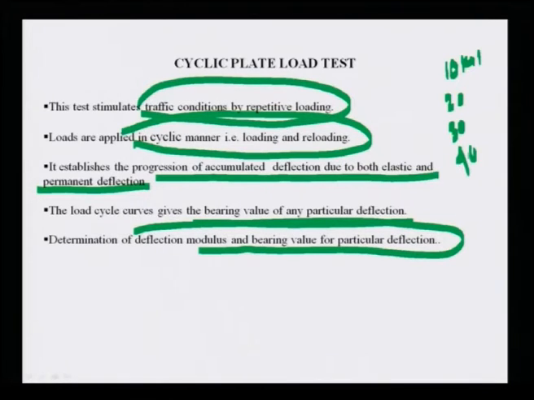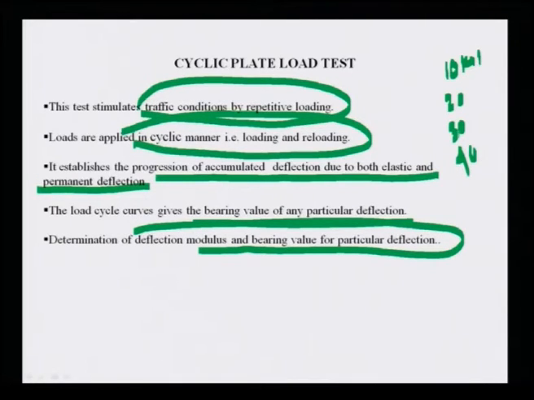First we apply 10, then you wait for the rate of settlement, then again we apply the second increment 20, then you wait till the settlement becomes equal to 0.01 mm per hour, then apply the third, fourth increment like this.